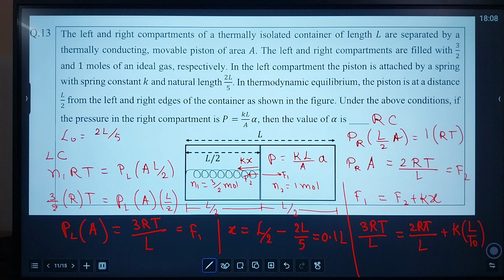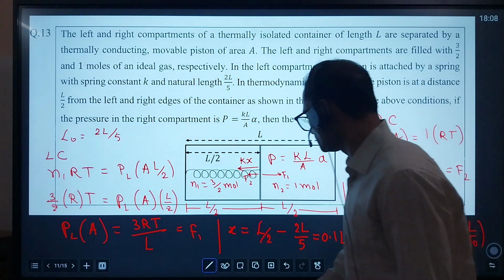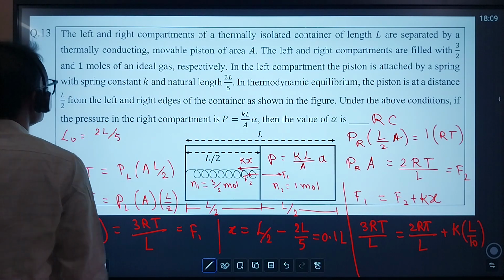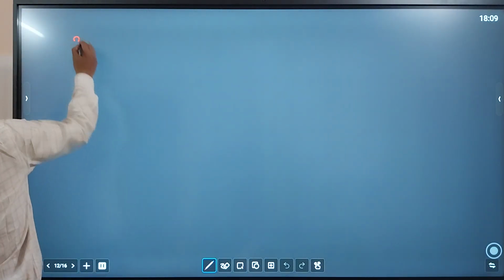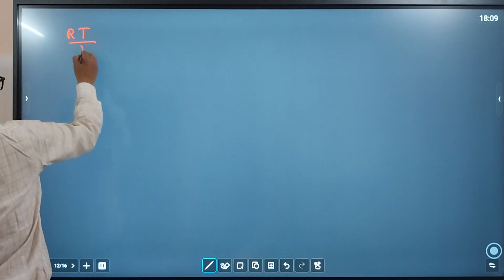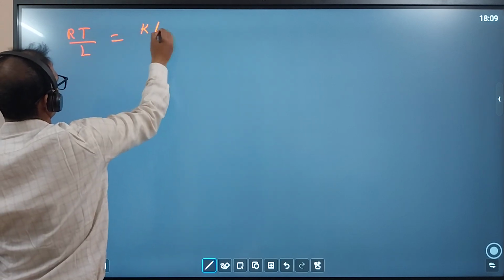So we actually need to find the pressure P in terms of KL by A. From here, 3 RT by L minus 2 RT by L will be RT by L, and that side was KL by 10.